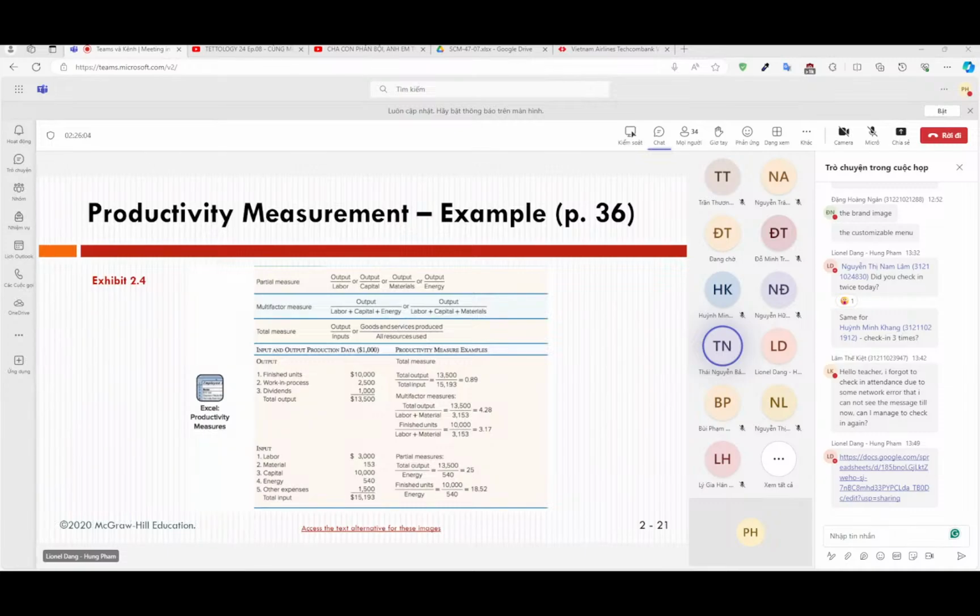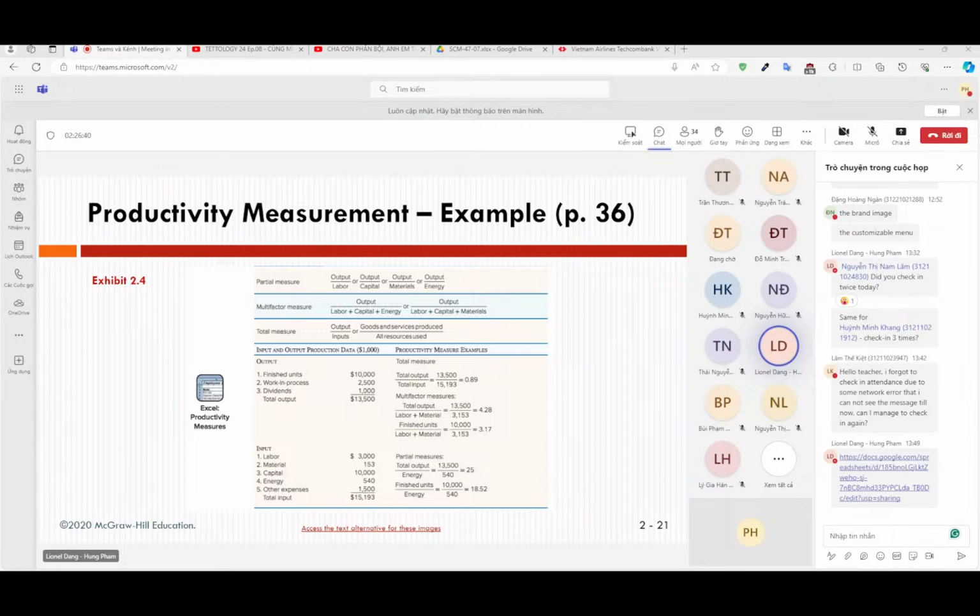And in the multi-factor measures, we take some of the inputs, like labor plus capital and energy, and divide the output by them. You can see this in the second row. And with the total measures, we use all the inputs, and the output is divided by the total input, like the third row. With an example, my friend will explain in the next part.